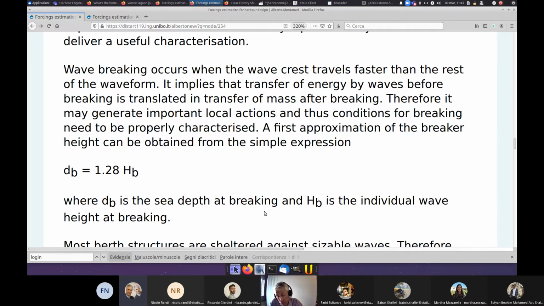And so we should make sure that inside the port we don't have breaking waves. And in order to avoid breaking, you should make sure that you have a sea depth that is large enough, because breaking is originated by the interaction of waves with the sea bottom.